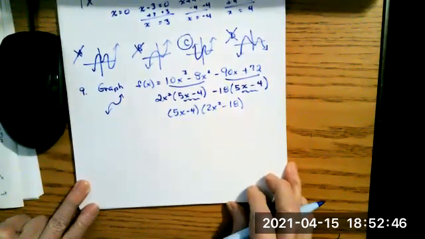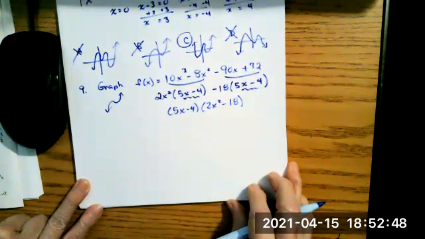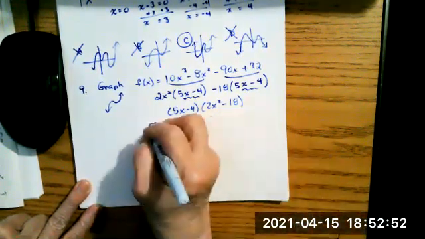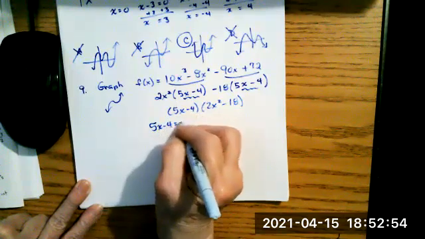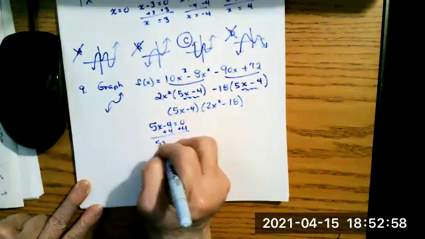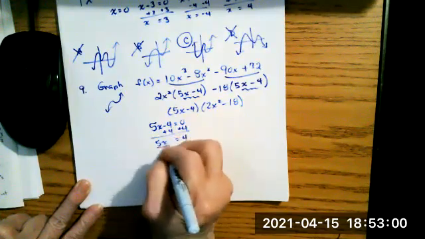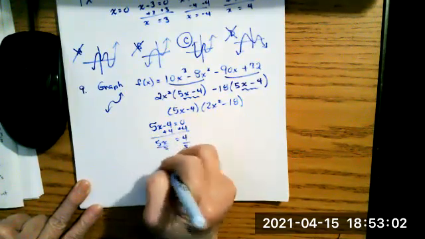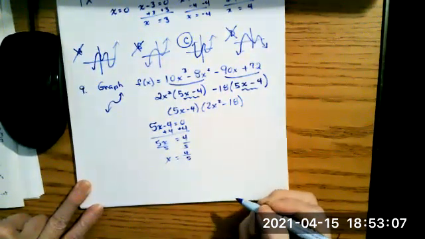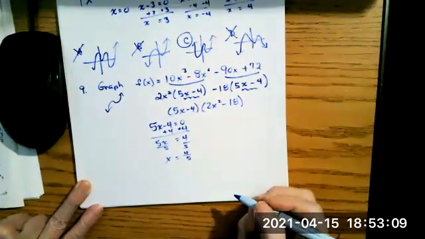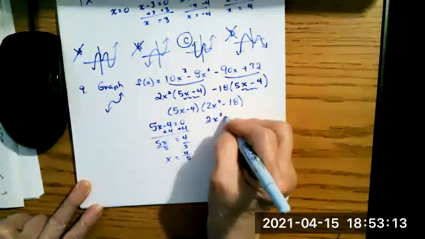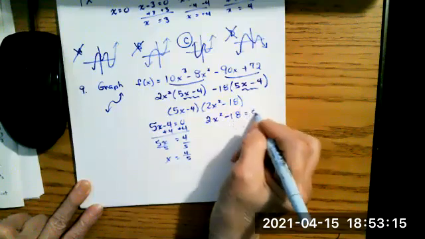We can set each of those equal to 0. Let's do 5x minus 4 equals 0, to see where these zeros are. 5x equals 4, so x equals 4/5. It's going to cross the x-axis at 4/5. Now 2x squared minus 18 equals 0.